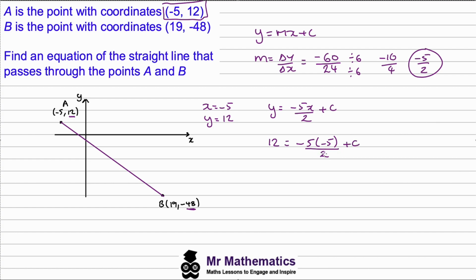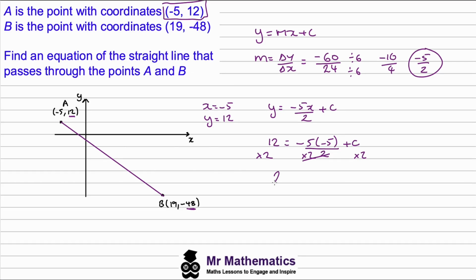I'm going to cancel out this 2 by multiplying everything by 2. These will cancel. So we'll get 24 will equal positive 25 plus 2c. We'll take away the 25 from both sides. So we get negative 1 will equal 2c. So c will equal negative 1/2.